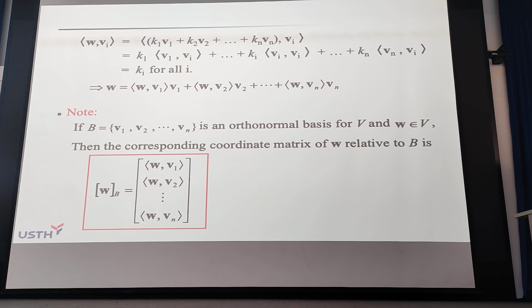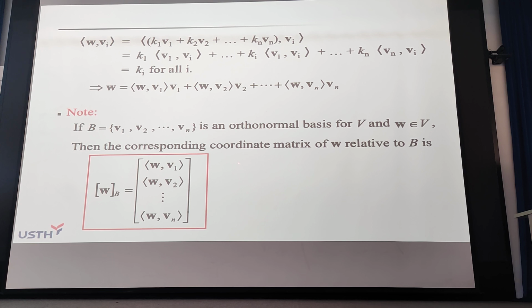In case B is an orthonormal basis of the vector space V, and W is any vector inside V, then the coordinate of W relative to the basis B will be like that. In order to find the first coordinate, you need only to take the inner product of W and V1. The second coordinate will be the inner product of W and V2, and so on. You can continue this way.